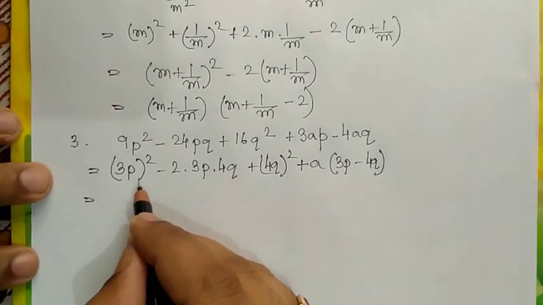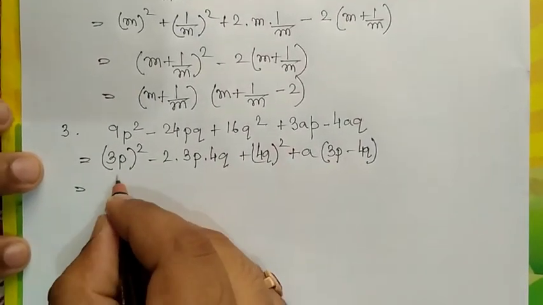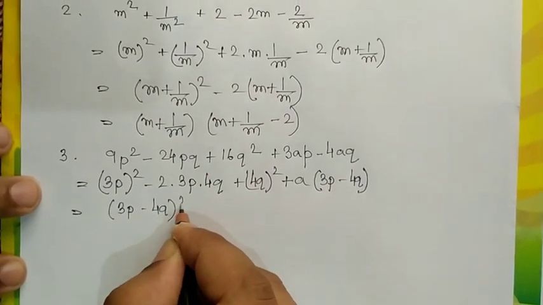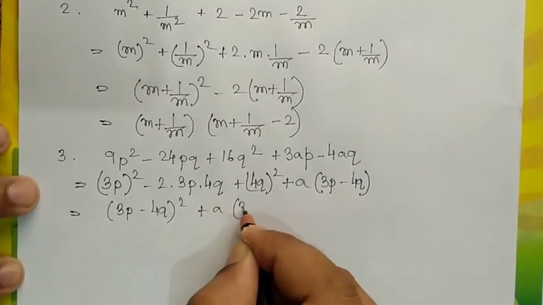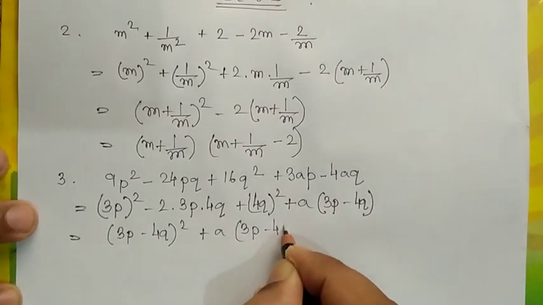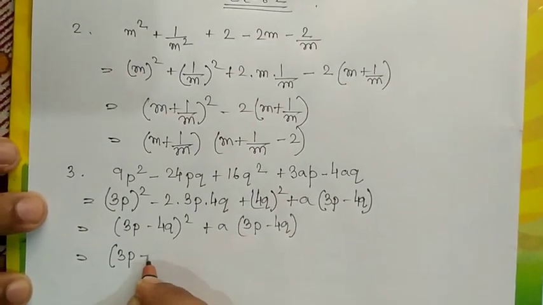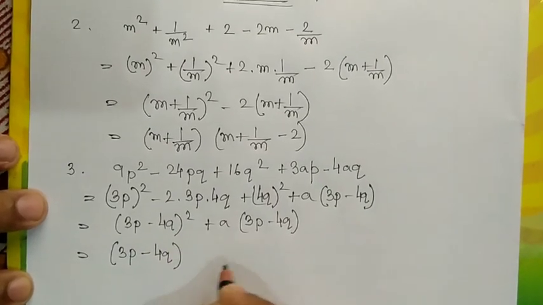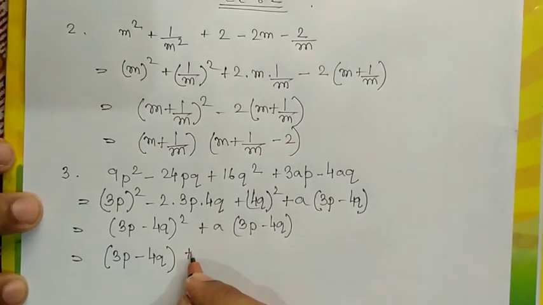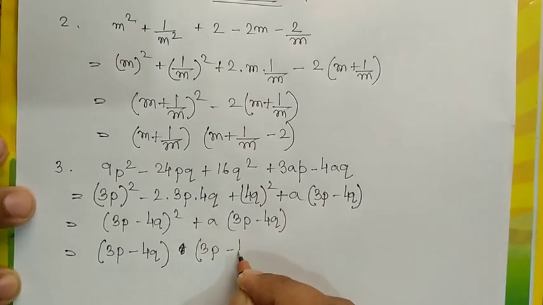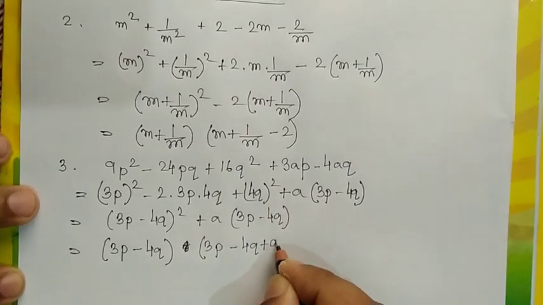Therefore from a square minus 2ab plus b square, 3p minus 4q whole square, 3p minus 4q. So therefore the answer should be like this: 3p minus 4q, 3p minus 4q plus a.